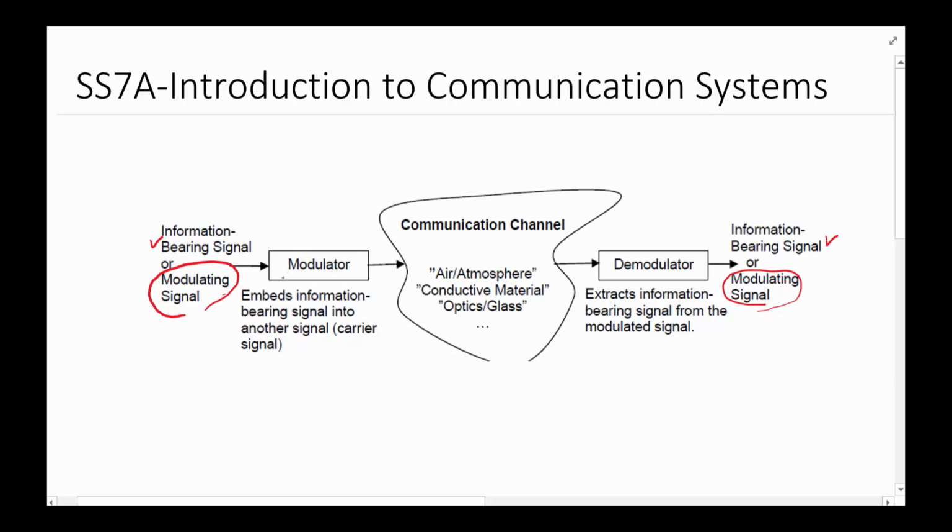The shaping of the signal is called modulation, so that it matches what our communication channel requires. Right now wireless is becoming big, but there are also conductive materials like copper and coax, which is the cable, and optics for really high frequency transmission, and many other things, satellite and others, which is more air.